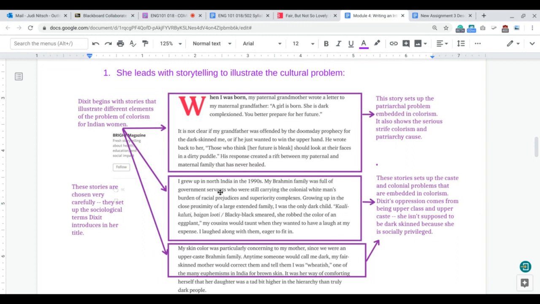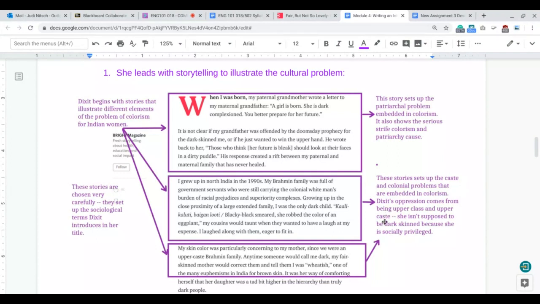And in that government structure, she's claiming there's still a lot of racial prejudice and people thinking they're better than others, coming from caste and coming from race. So these stories set up the caste and colonial problems that are embedded in colorism. Dixit's oppression comes from being upper class and upper caste.